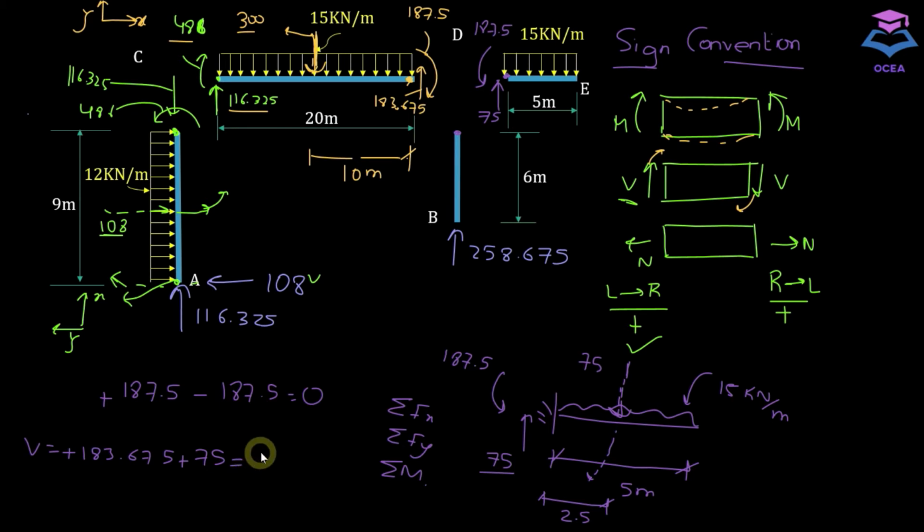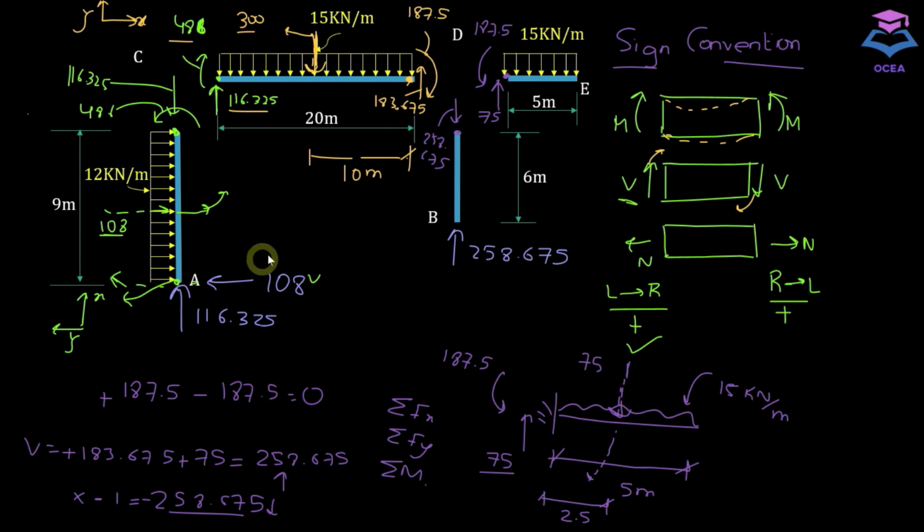So this is coming out to be 258.675, and since it's positive, it's acting upward. Now we need to multiply this with -1 in order to transfer it. So we need to apply 258.675 downward.